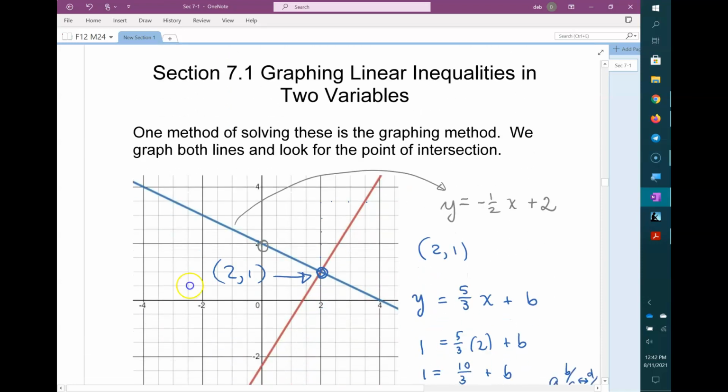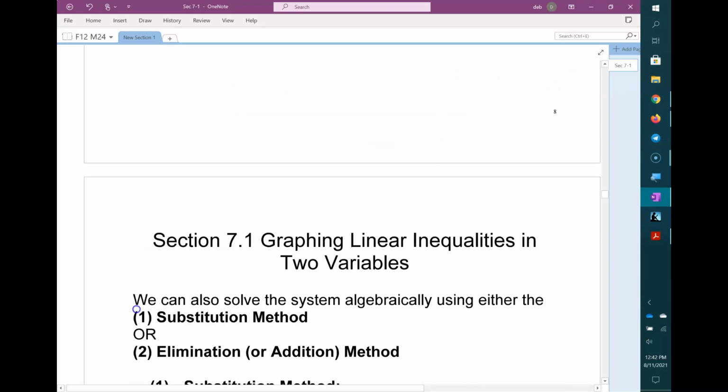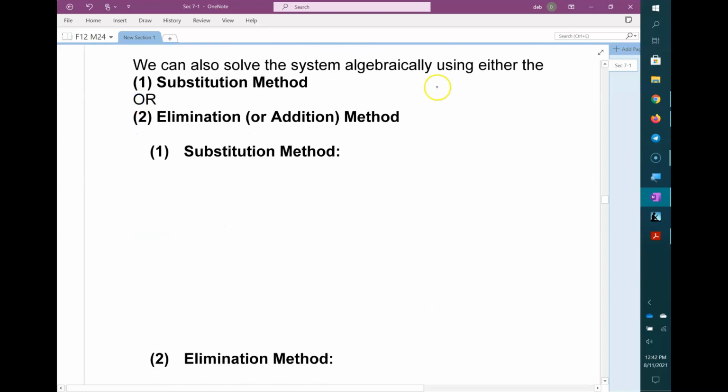So I'm going to bring that down here to where we have the space to do the work, and write 5x minus 3y equals 7, and 2x plus 4y equals 8. Okay, so the substitution method says solve one of the equations for one of the variables.